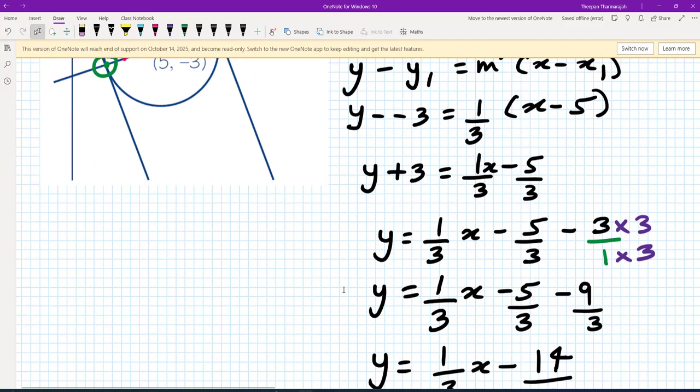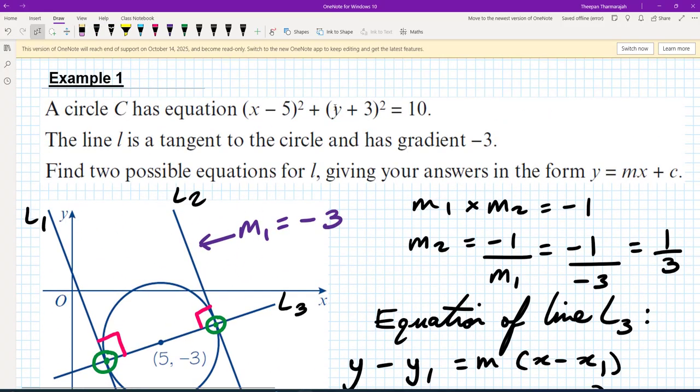Now notice that we've been given the equation of a circle. Because they intersect, I can solve a simultaneous equation. That's what a simultaneous equation is: when two lines intersect, or in our case, the line and the circle intersect at that point at L3. So I'm going to equate the y here and substitute what y is in my equation.